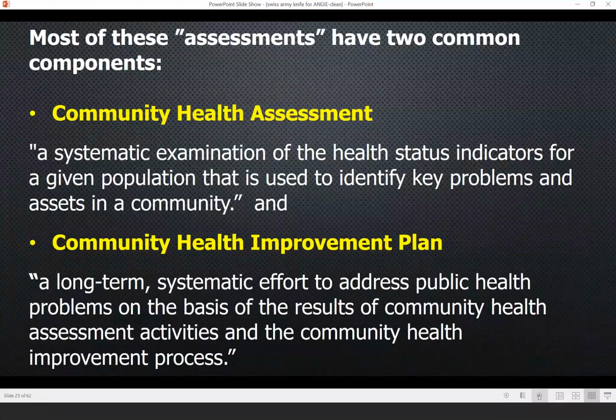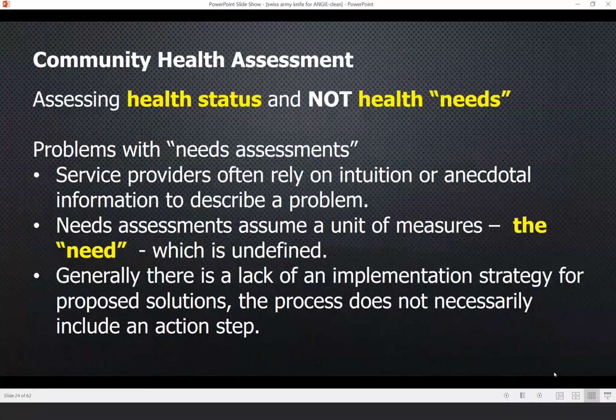One of the things that I find frustrating is the way we think about health status and health needs. The community health needs assessment is actually the language that's used in the Affordable Care Act. And unfortunately, there is no unit of measure for need. So when people talk about needs assessment, it's not clear to me what they're exactly trying to measure.